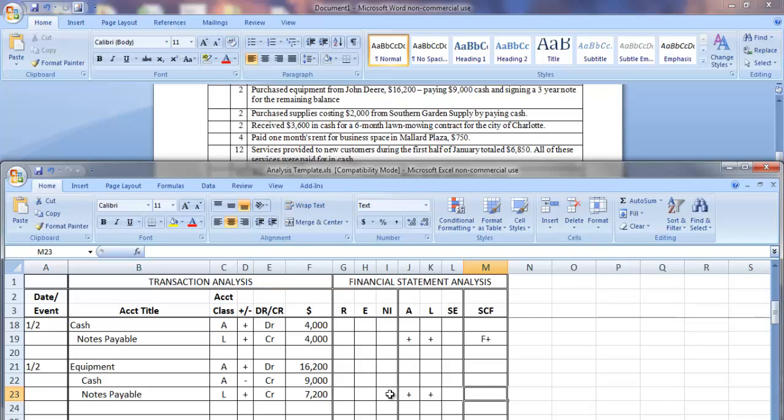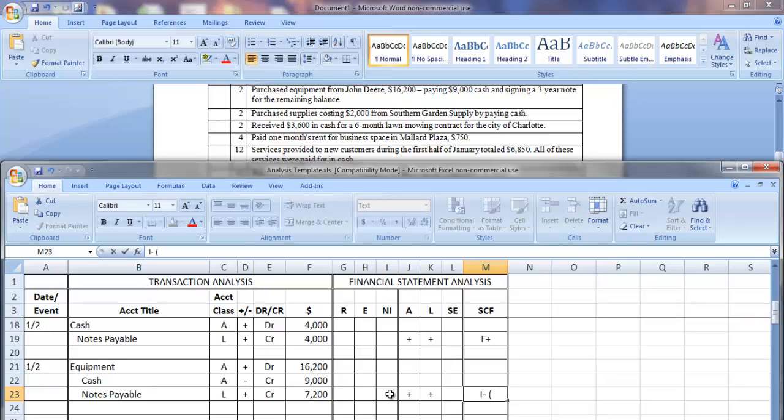Now, for our statement of cash flows, be a little bit careful here. We did pay cash to purchase this equipment. We still owe some money on it, but purchase of equipment is considered an investing activity. And we paid cash, so that's an outflow. So we'll signify that with a minus sign.